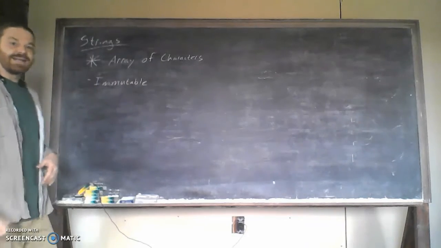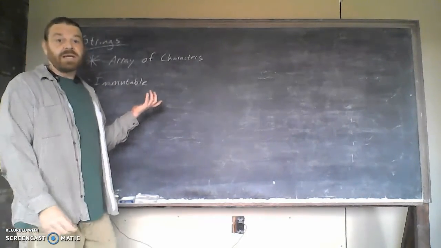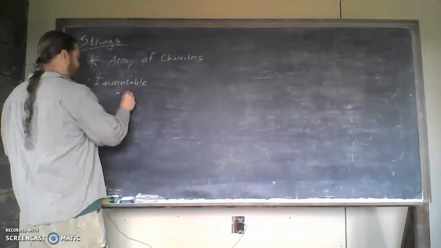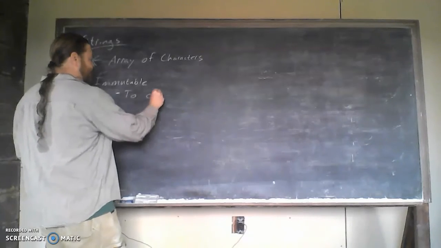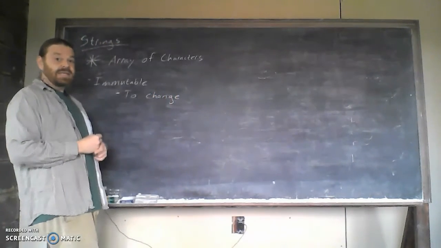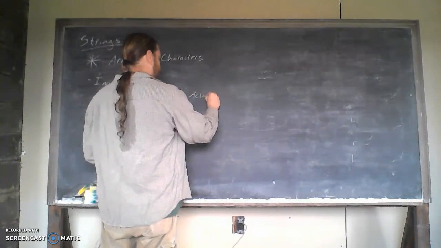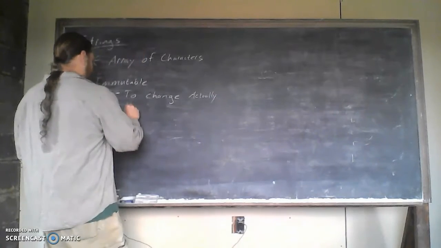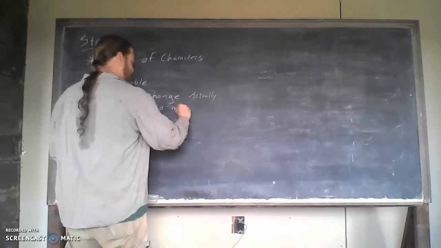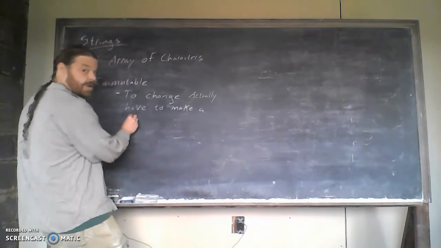The strings are immutable, so it's really like a tuple from what we looked at the other day, which means to change, so if we want to change what's in a string, we actually have to make a slightly altered copy.